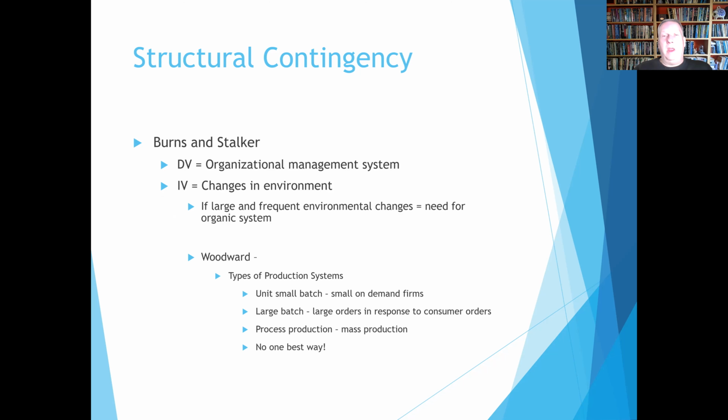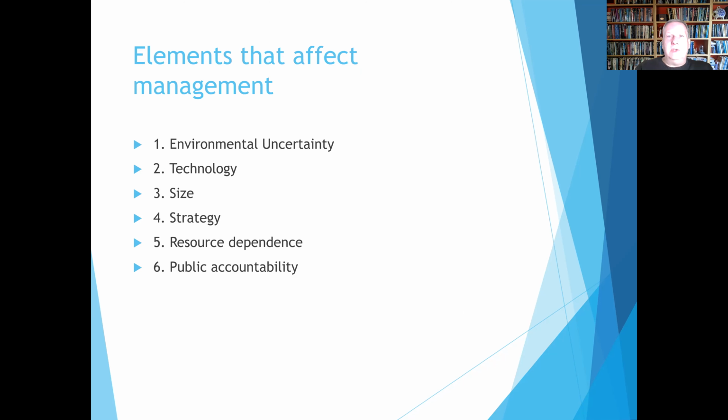That one best way approach begins to go away with structural contingency theory. And structural contingency theory really can emphasize any of these different models, any of these different mechanisms, because it depends upon the situation. We have to analyze the situation to understand how and why our organizations do what they do.